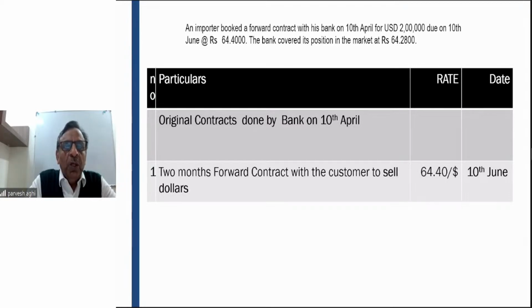Our importer booked a forward contract with his bank on 10th April for US $2 lakh, due on 10th June at 64.40. And the bank covered its position in the market at 64.28. Okay, fine. So the original contract is a 2 months forward contract where the customer buys dollars, and the bank sells the dollars to the customer.